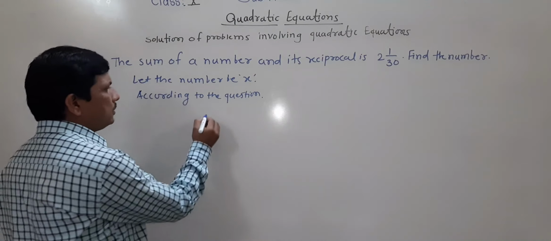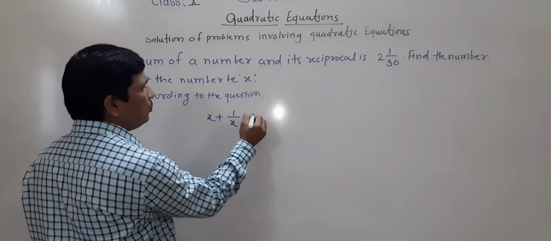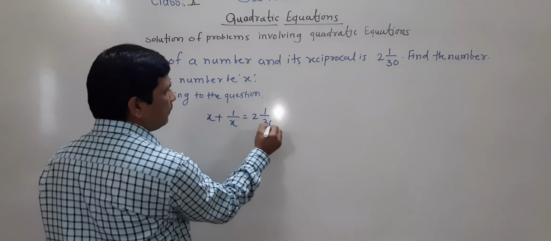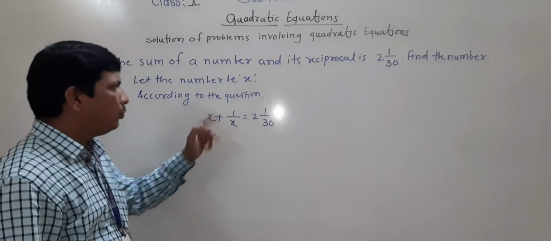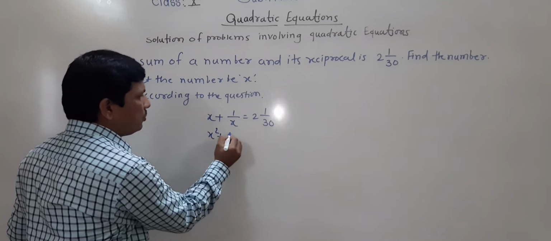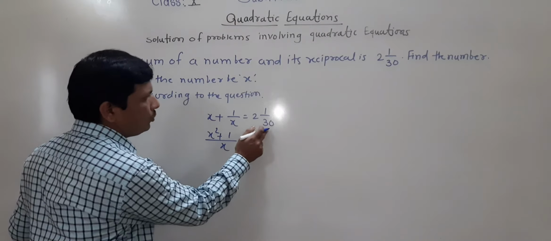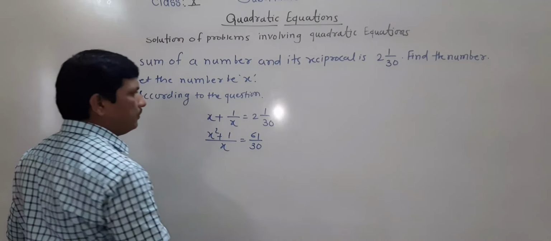sum of the number, x plus 1 by x is equal to 2 integer 1 by 30. Okay, that is given, sum is given. So x into x, x square plus 1 upon x is equal to 30 into 2 is 60, 60 plus 1, 61 by 30.